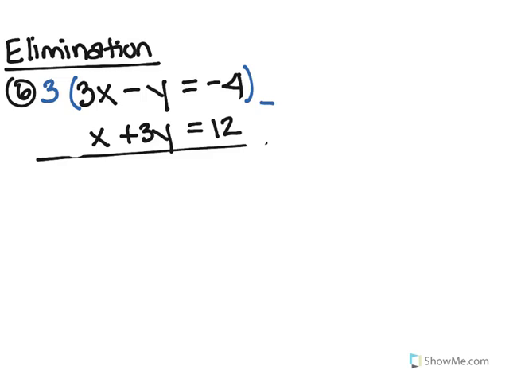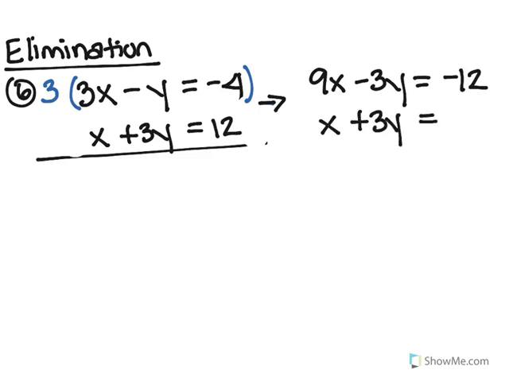Now what that will do is only change the top equation. Your equation becomes 9x minus 3y equals negative 12. Bottom equation will stay the same. And then I put that plus sign there.